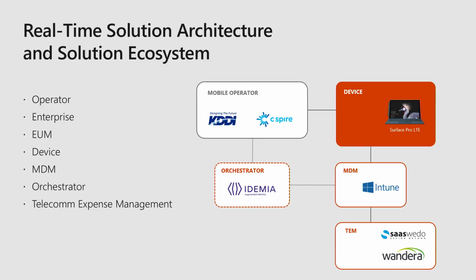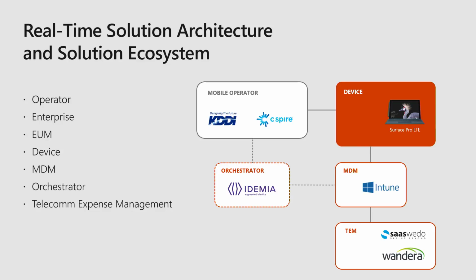It takes an ecosystem to build what we wanted, which is to enable eSIM for the enterprise from the Windows side. Windows itself would not be able to bring this for the enterprise. Neither will the device itself. It's really an entire ecosystem. And so going back to my point earlier, that's why even though Surface Pro LTE Advanced has been available since last year, we didn't really focus on this yet, because the ecosystem was not quite ready.